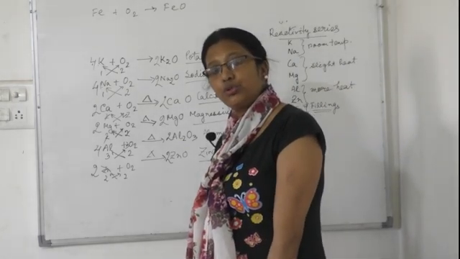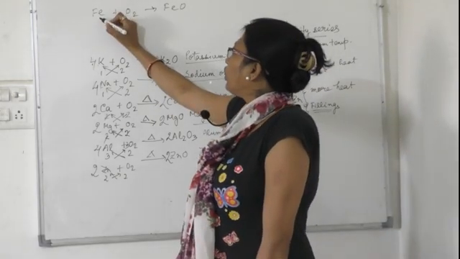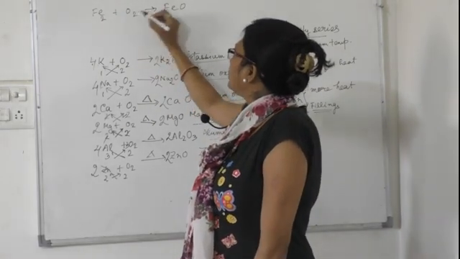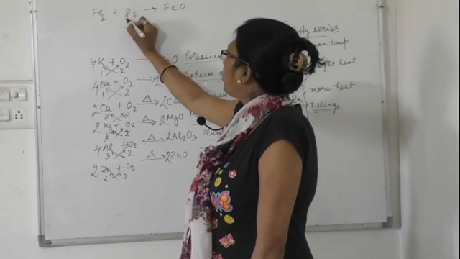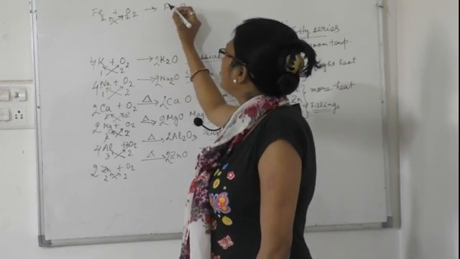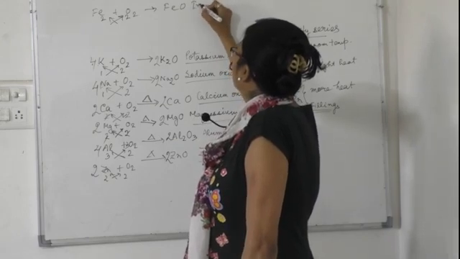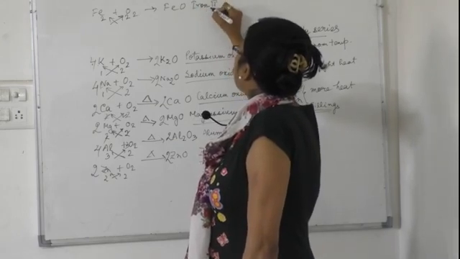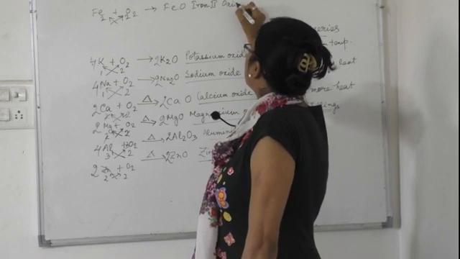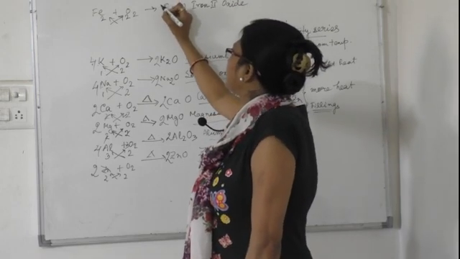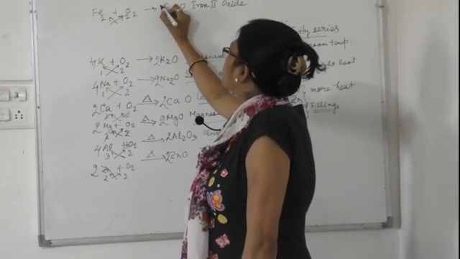It can have 2, it can have 3. So when iron is having 2, then both are cancelling each other. So FeO, iron 2 oxide, the name of this is iron 2 oxide.